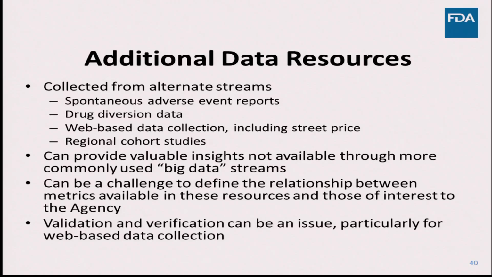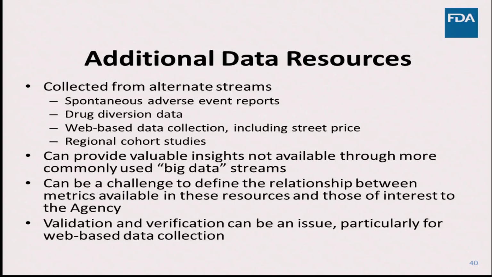And so the next part, and finally, I just wanted to mention a few additional data resources that can also provide useful information on specific topics. And these are alternative data resources, and they can include spontaneous adverse events, drug diversion data, and web-based resources such as those that collect information on street price.